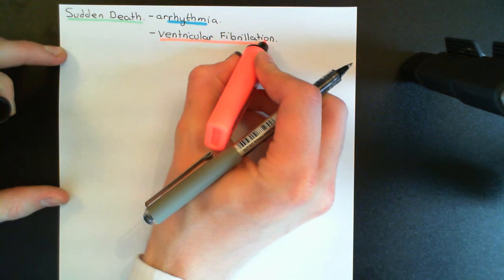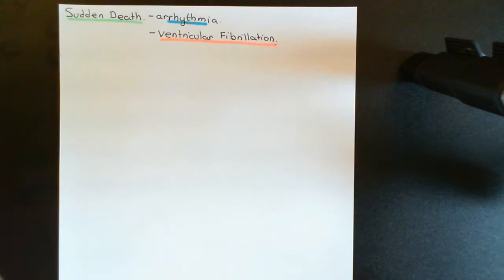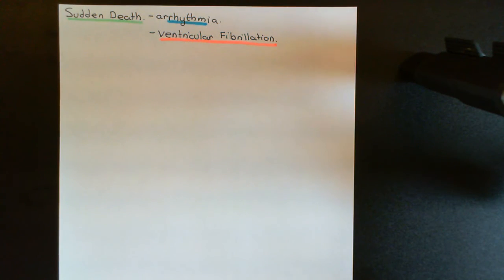Normally, the electrical signal that is going to cause the heart to beat is generated in the sinoatrial node, and usually the sinoatrial node throws off electrical signals at a rate of about 75 per minute. These propagate down the entire heart and cause a cardiac cycle. In ventricular fibrillation, the electrical signals are going to start being generated in either the left ventricle or the right ventricle, rather than up at the sinoatrial node.